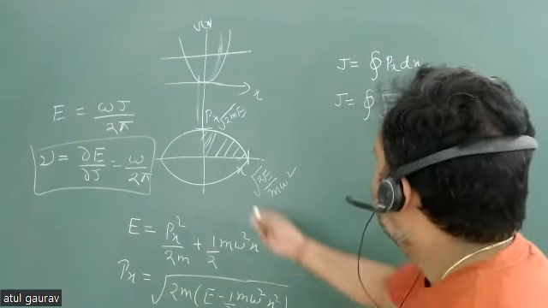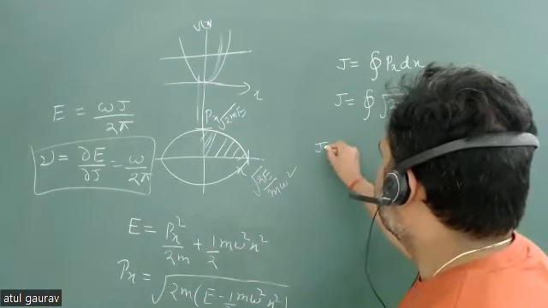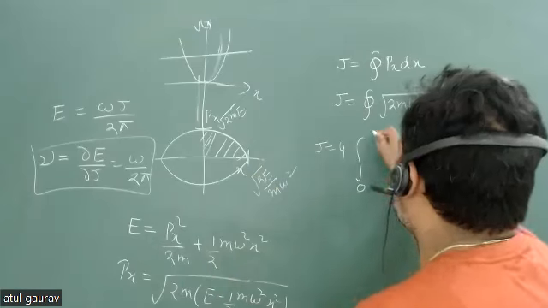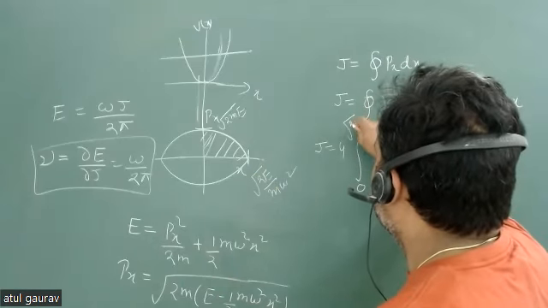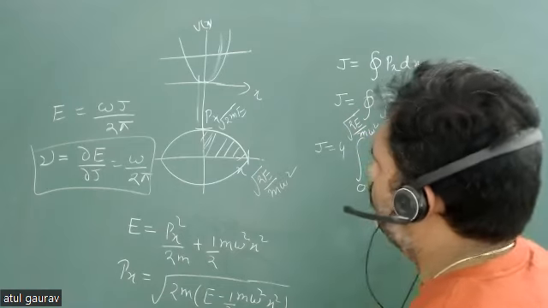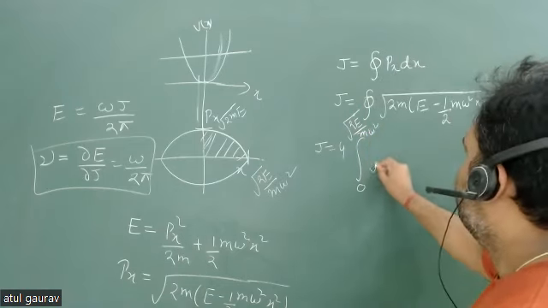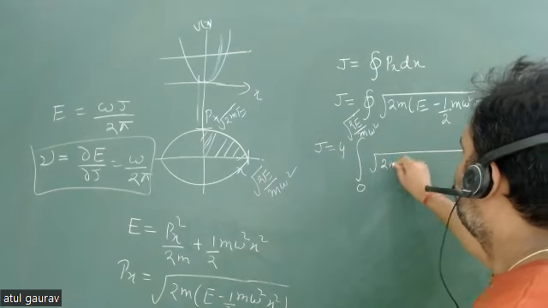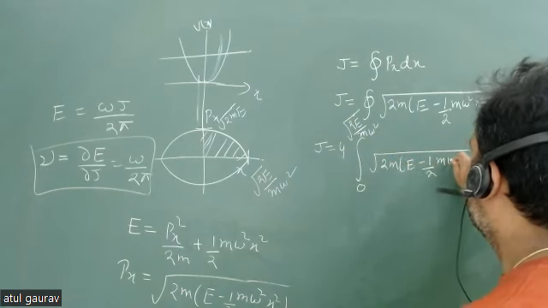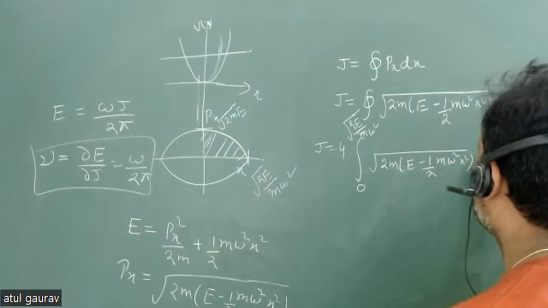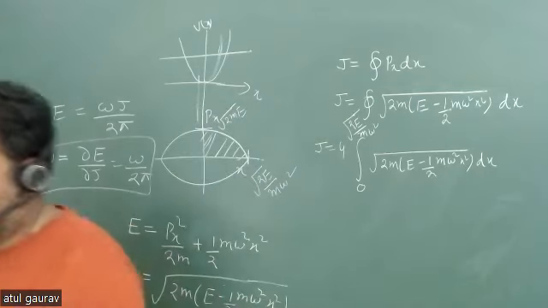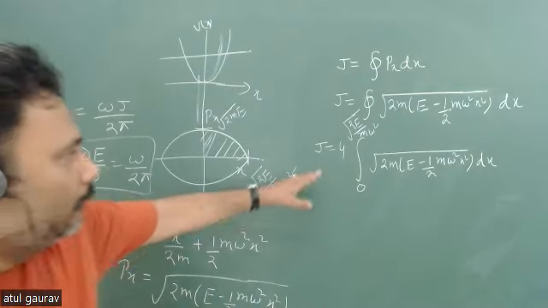So we will write this particular thing: J is equal to 4 times the integral from 0 to x, which is nothing but here 2E upon m omega square, of root of 2m into E minus half m omega square x square dx. This is the value of J.